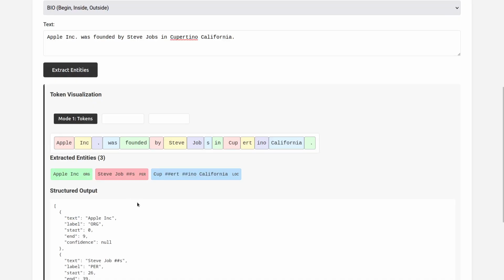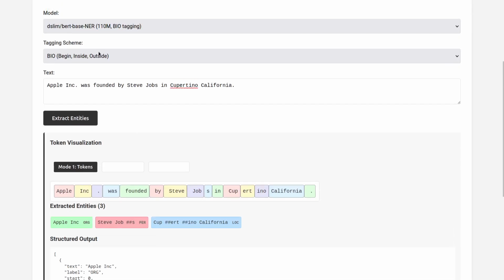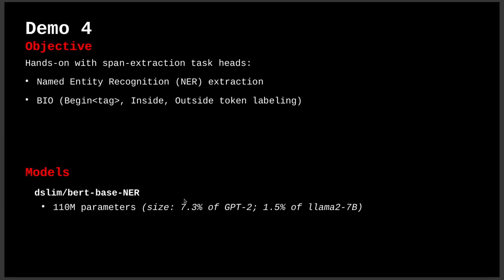But there are even more sophisticated ones that have different markers, not just BIO, but also ones for overlapping span labels. But named entity recognition is a pretty reliable and foundational task to demonstrate the capability.